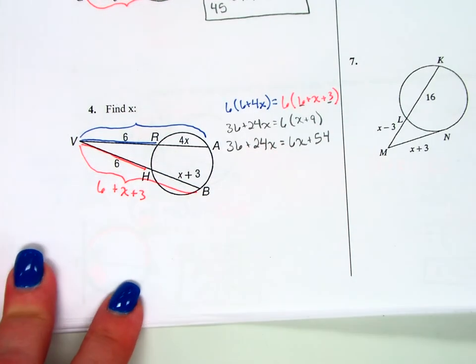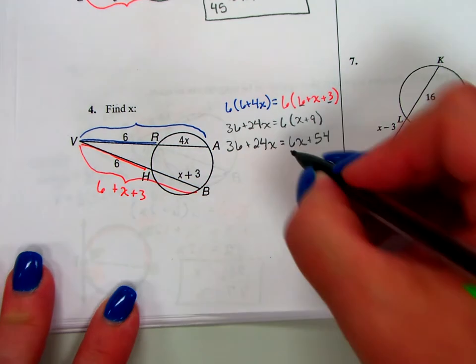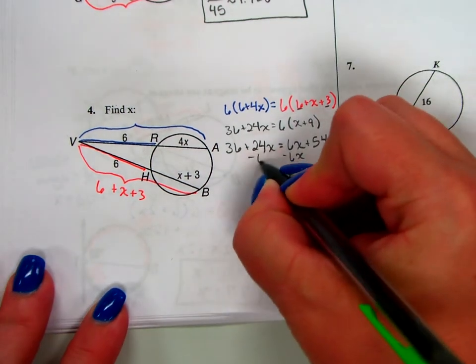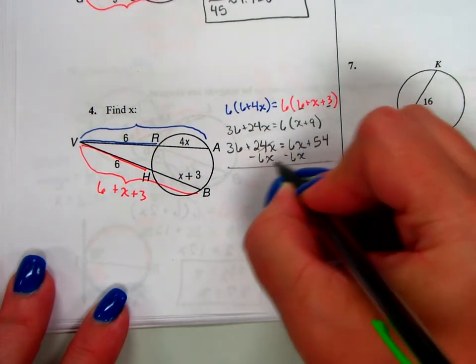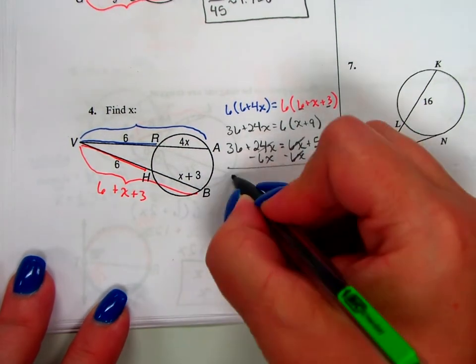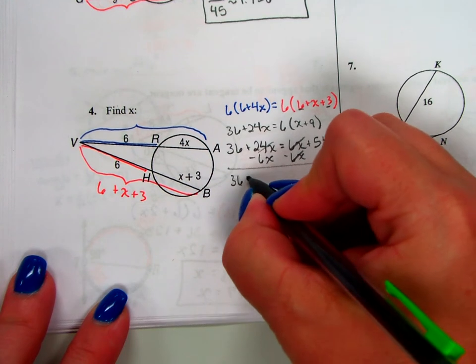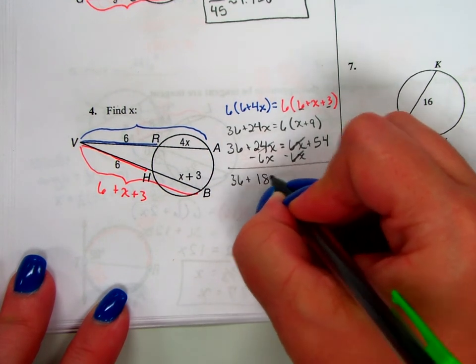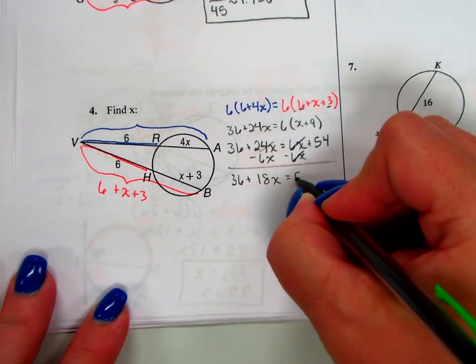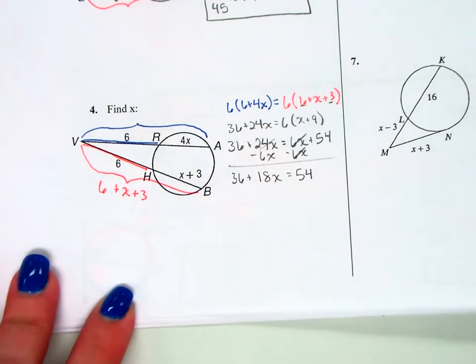Okay? What do we want to do first? Subtract 6x. Cancels out on the right side. 36 plus 18x equals 54. Okay, then what?